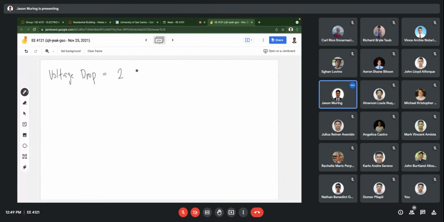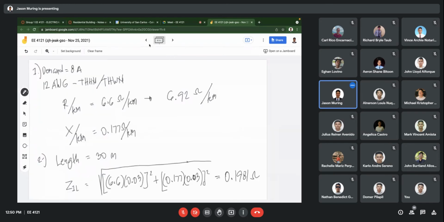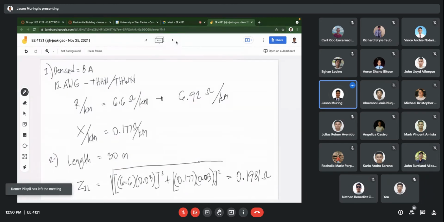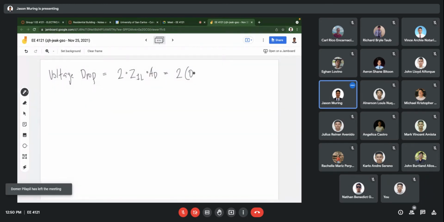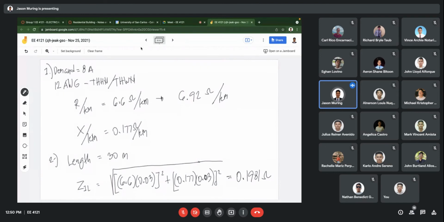It equals 2, for the return, 2 times Z1 line times the demand. Okay, so 2 times 0.1981 times the current at this load, so that is 8 amperes.